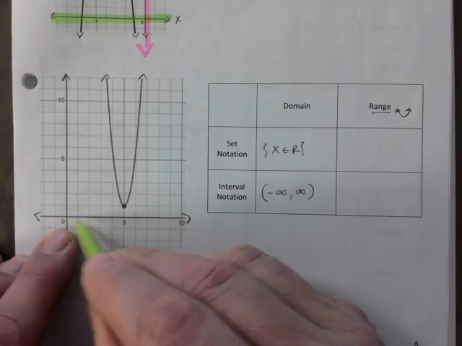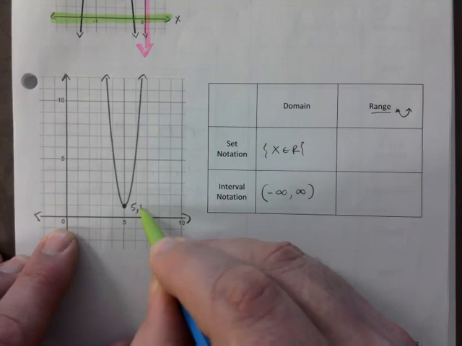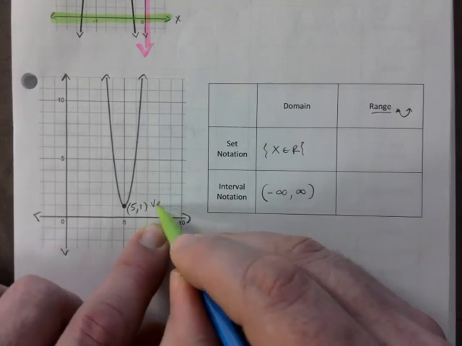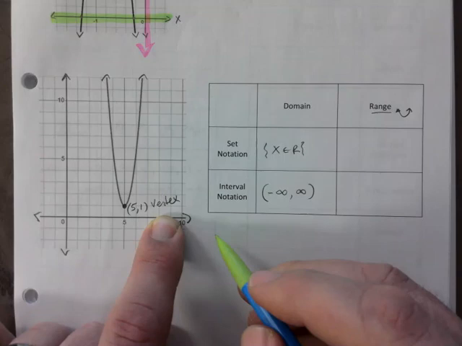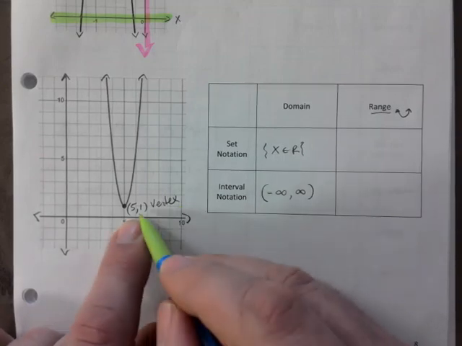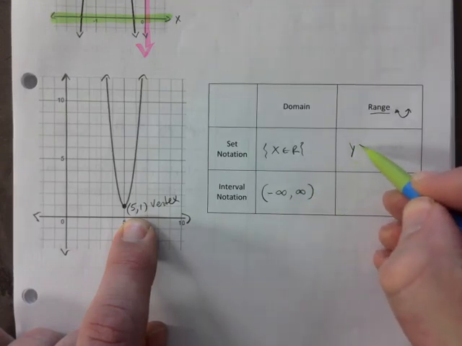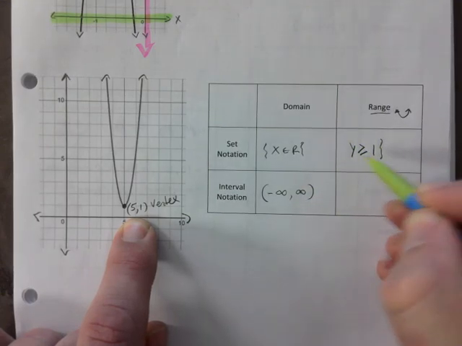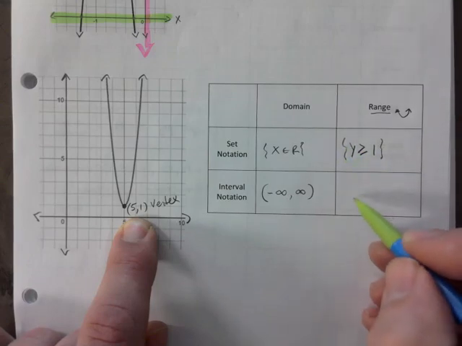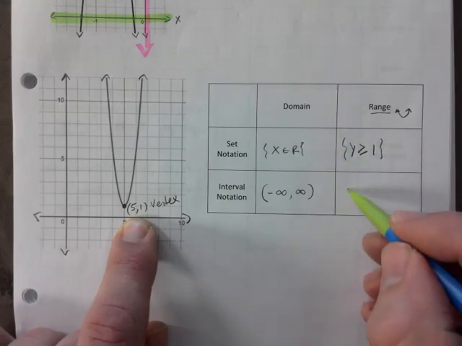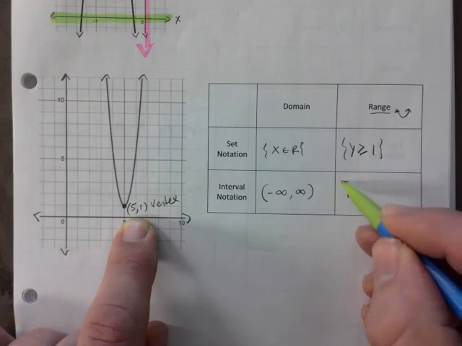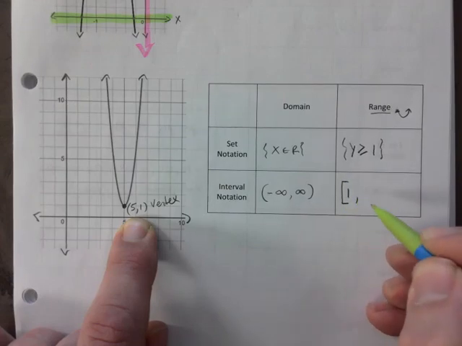And the vertex right now is (5, 1). Particularly, we need the y value of it. So in this case, y is going to be greater than or equal to 1. And here, it's pointing up. So 1 is the smallest value, which gets a square bracket attached to it.